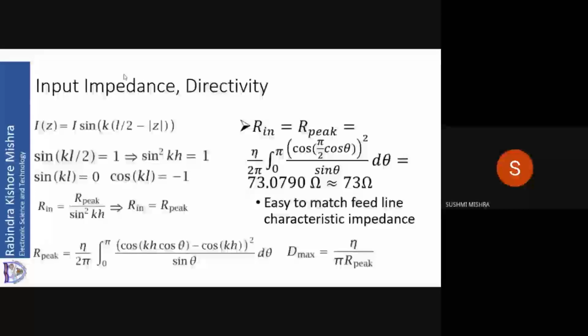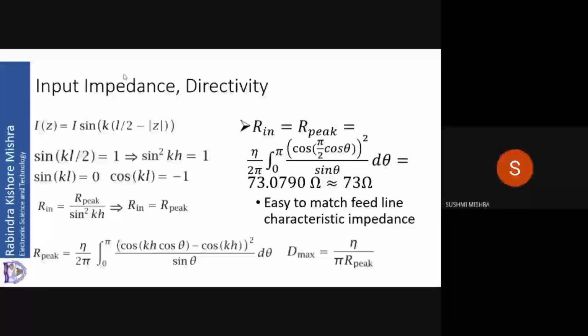So then we are going to find out what will be the input impedance, what will be the directivity, etc. We start again with Iz, which is the current distribution in the form of sine, not in the form of cosine. Start it in the form of sine. So we write the first line on the left side. So that is my expression for Iz, or the current distribution along the dipole antenna. Now remember this, sin KL by 2 in this case will be equal to 1.